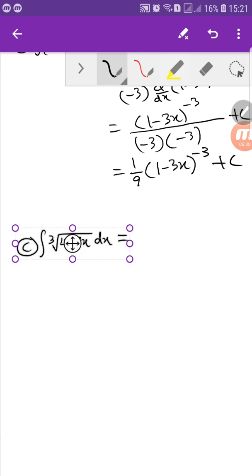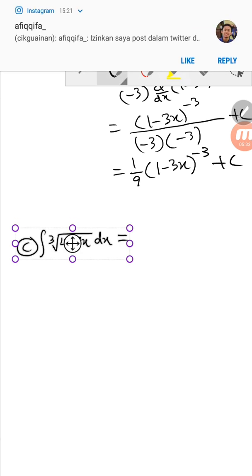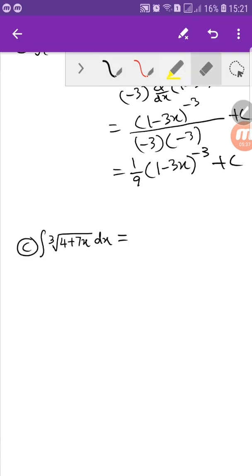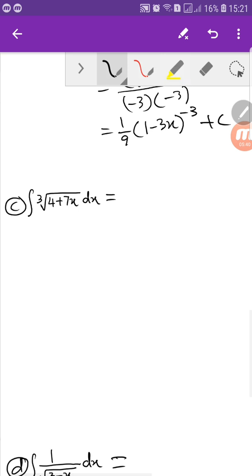Let's go to the third example. Now let's see. What's this? For this one is a square root. Let's recap: if there's nothing here, it means a square root, and it means x to the power of half.